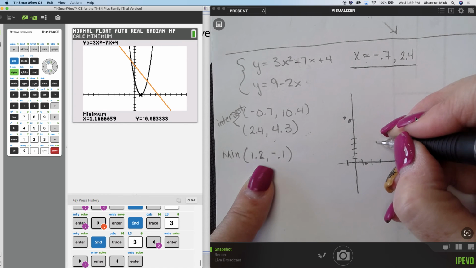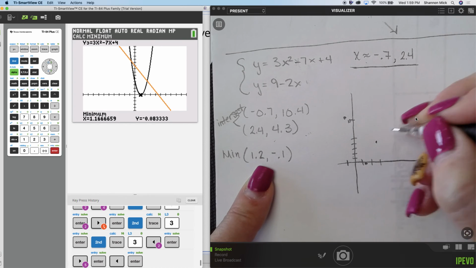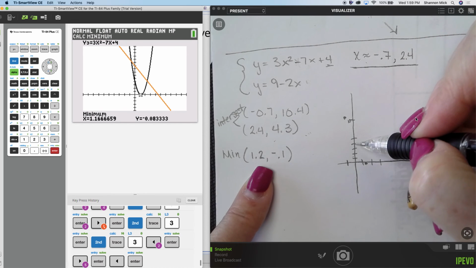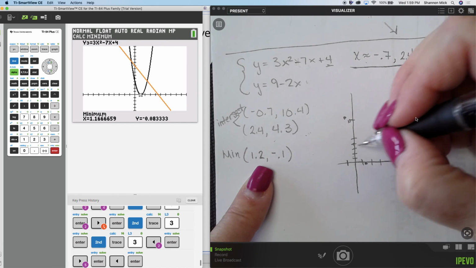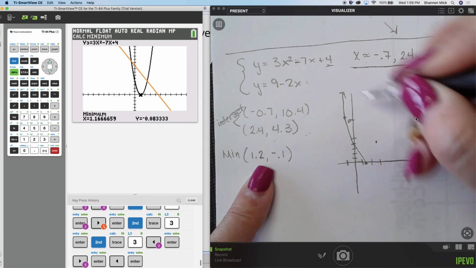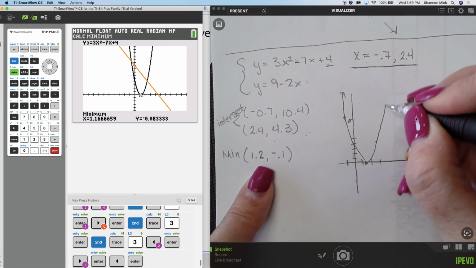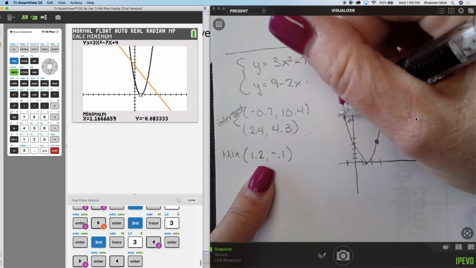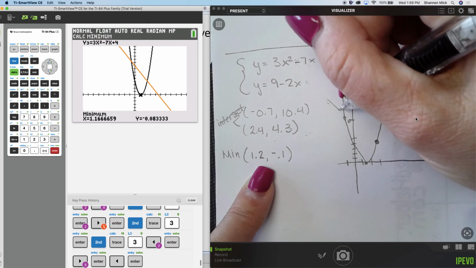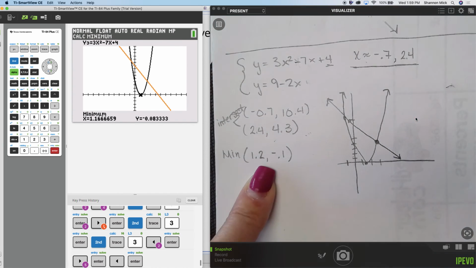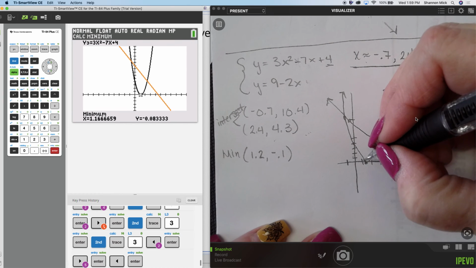This is just a rough estimate, right? And I know I should cross where? At 4? Yes? And then my line needs to go through here, yes? And I'm not shading because it's not an inequality, is it?